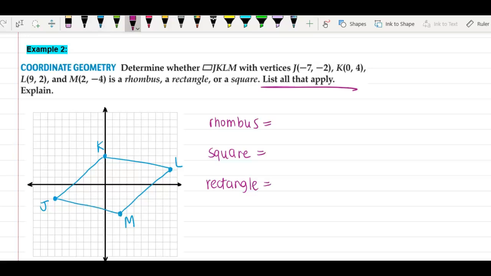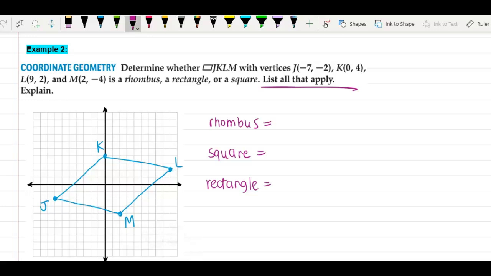Okay, so we know this is a parallelogram for sure. One of the reasons we know that is we could do this a couple different ways. We could talk about finding the lengths of all the sides, comparing them. We could look at the slopes because the opposite sides have to be parallel to each other, so they would have to have the same slope.